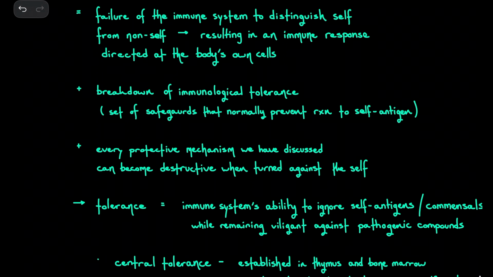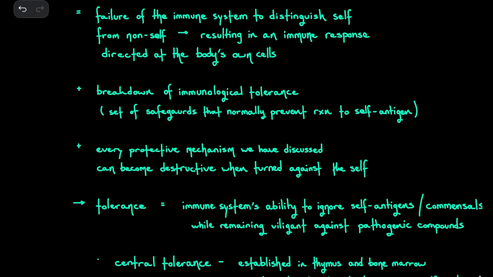So you kind of just get caught in the crossfire. Like that's why I have this guy here. There was no response going against this guy, but since he was just near the collision, he got picked up and a response was produced against him. Him being your own tissue.